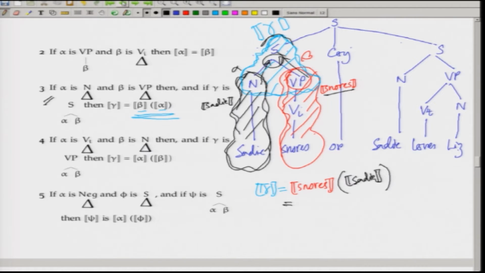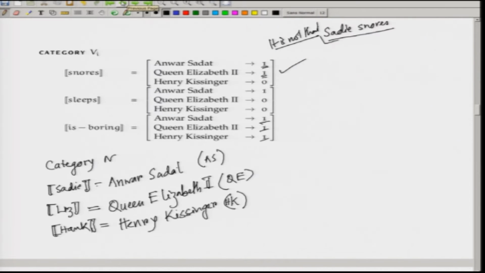We just go back to the construction of these things. So basically Snows is this. Anwar Sadat is mapped to 1, Elizabeth is mapped to 1, and Henry Kissinger is mapped to 0. So basically this is saying that Sadat snows and Elizabeth snows, whereas Henry does not.